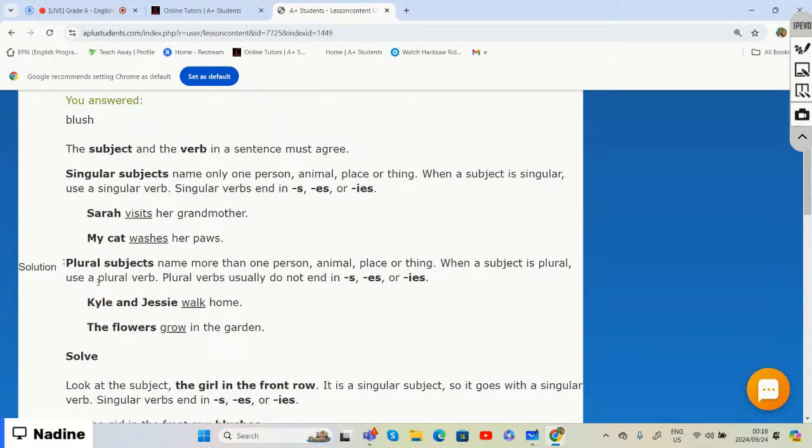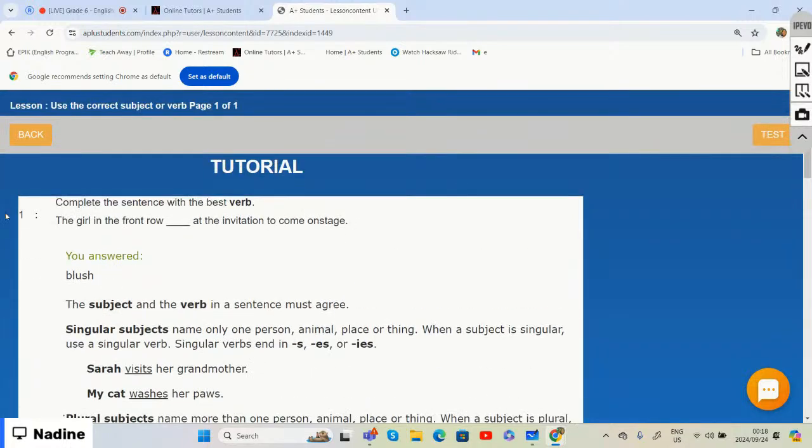And when a subject is singular, we use a singular verb and it ends with an S, ES, or IES. And a plural subject makes mention of two or more people, two or more animals, places, or things. And when it's plural, we use a plural verb, which means that we do not add an S, ES, or IES. Our word does not end with S, ES, or IES.